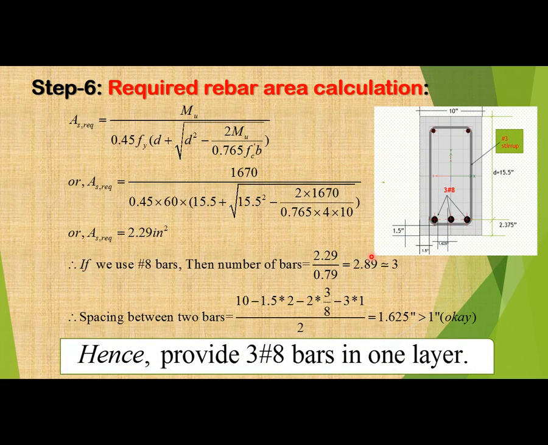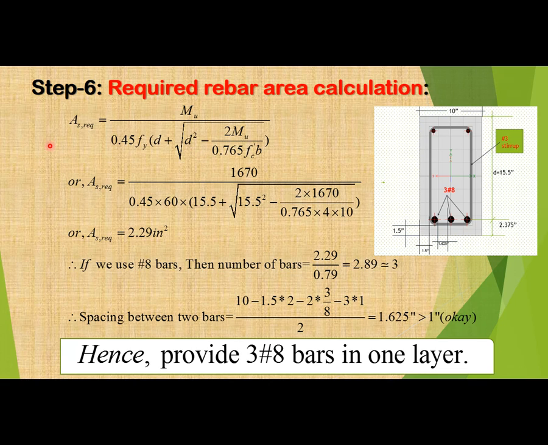Now let's design the required rebar area, which you can find by directly using this formula. Just use this formula. This is the equation for an under reinforced section, so you don't have to think much.